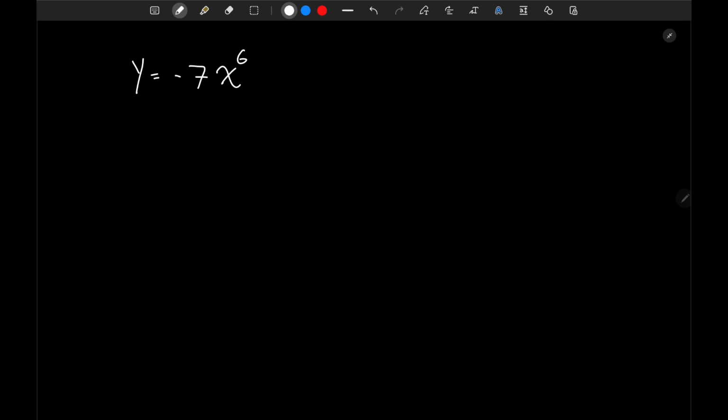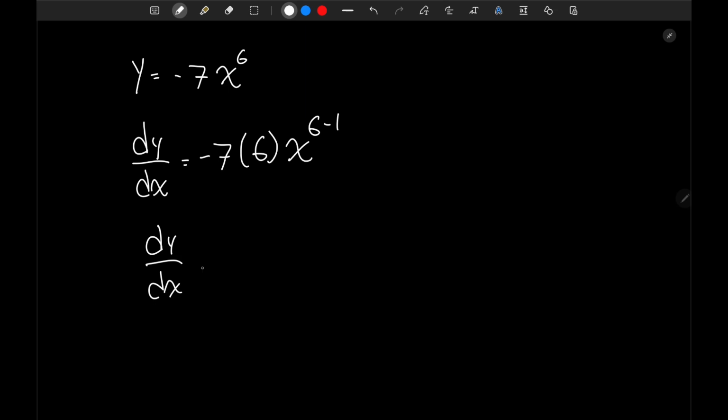Here y is equal to minus 7 x to the 6. Take the derivative, dy dx is equal to minus 7 multiplied by the exponent, minus 1 from the exponent. We have minus 42 x to the 5.